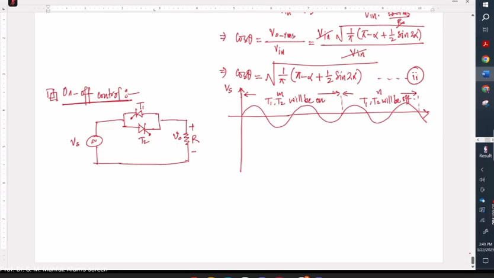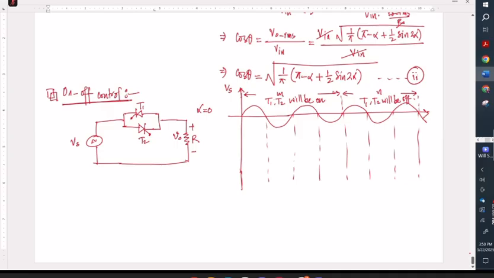So now, if I draw the circuit, for this case we are considering the alpha, that is my delay angle, is 0. So we are not putting any delay pulses for T1 and T2, but we will make sure for some cycles T1 and T2 will be turned on, and for the rest of the cycles T1 and T2 will be off.